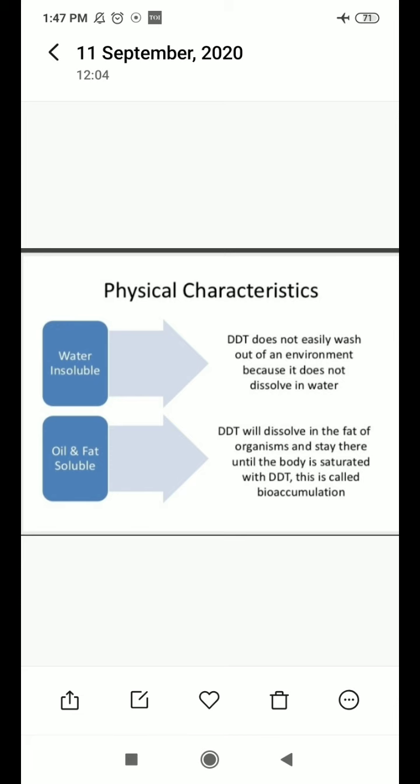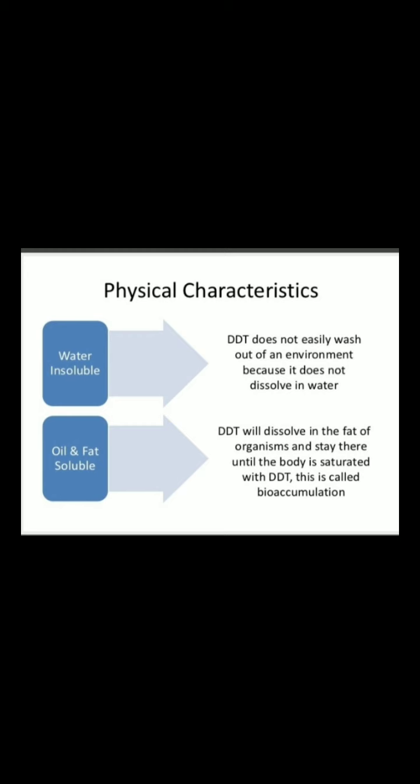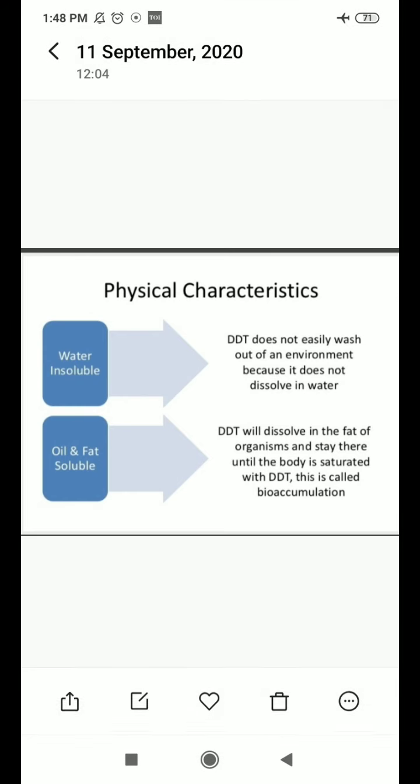What are the different physical properties? Physical properties of DDT mean melting point, solubility, boiling point and so on. We will look at the solubility.